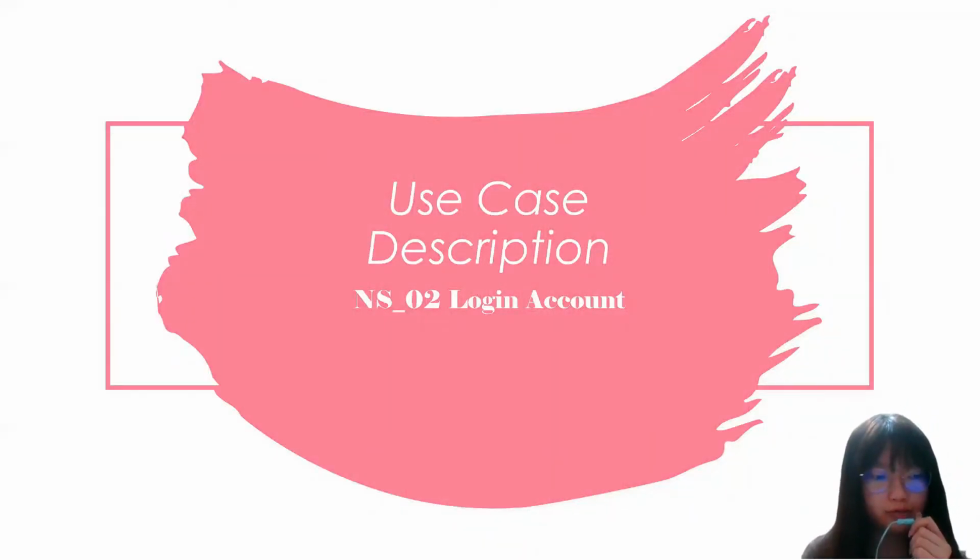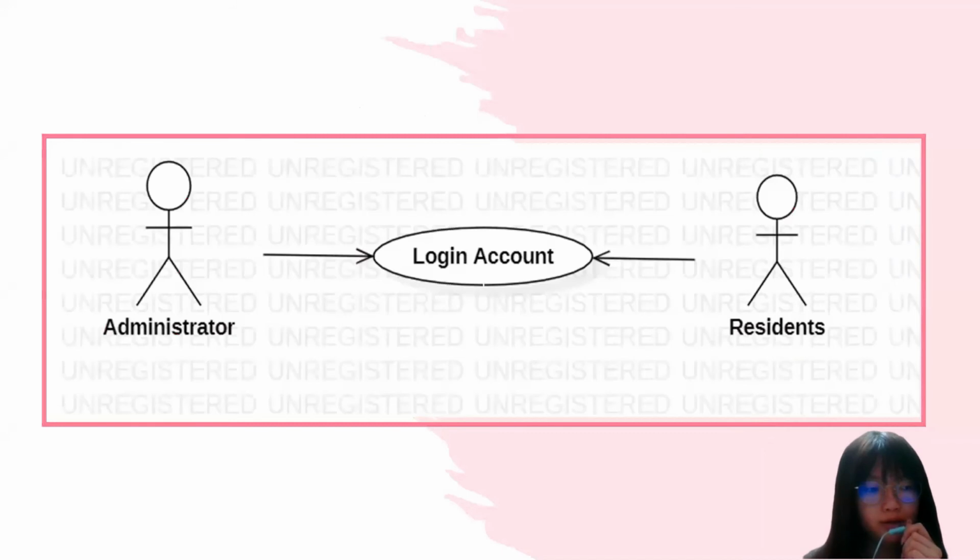Next, I would like to discuss the use case description. The use case description that I would like to discuss is login account. This is the use case diagram for this function. There are 2 actors for this use case: the administrator and the residents.